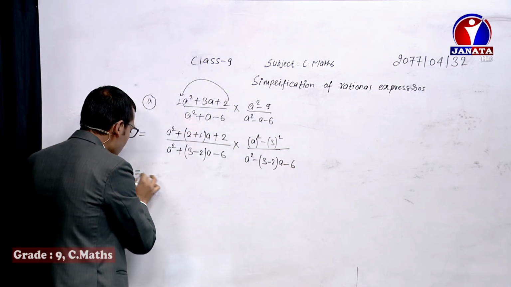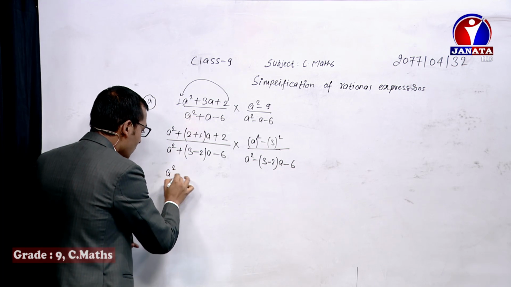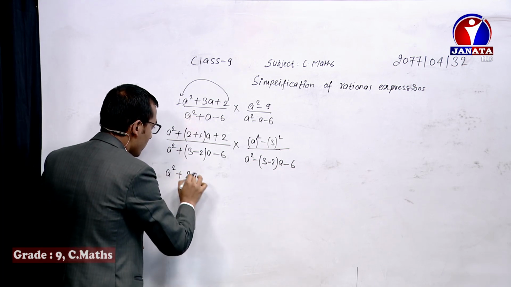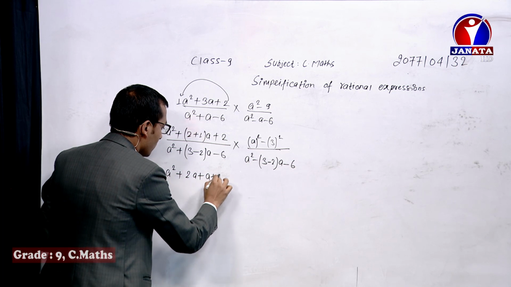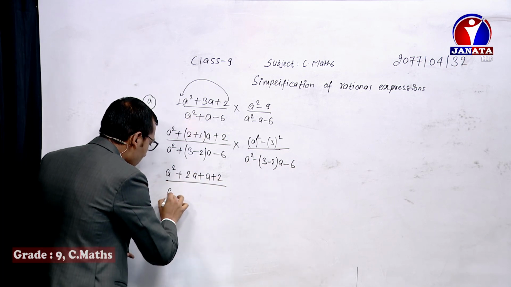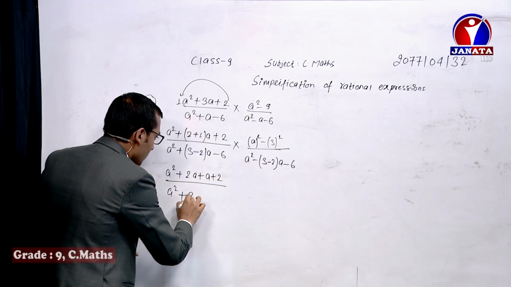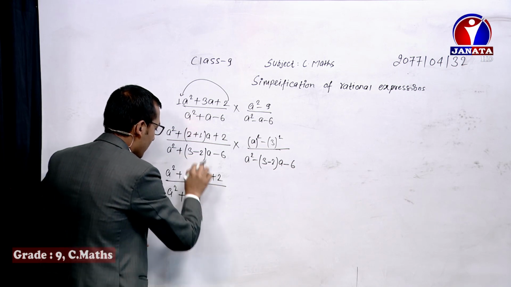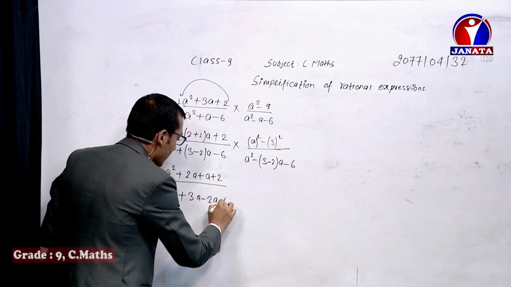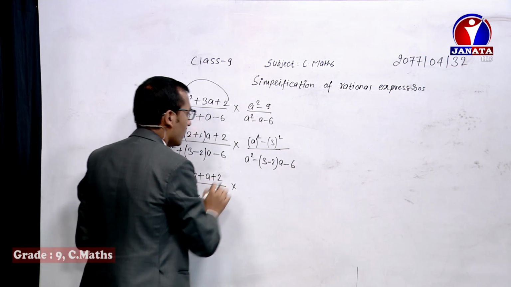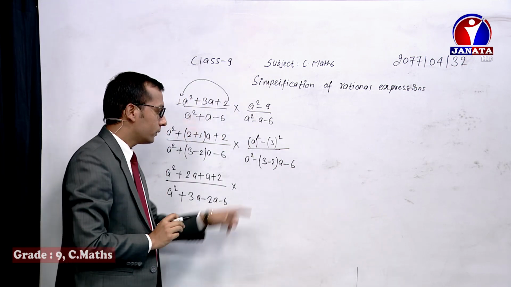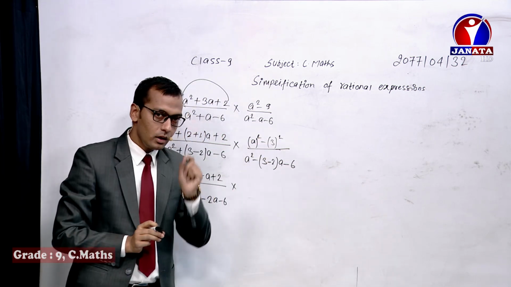Now let's factorize a square plus 2a plus a plus 2 over a square plus 3a minus 2a minus 6, times, what are the factors of the a square minus b square form?